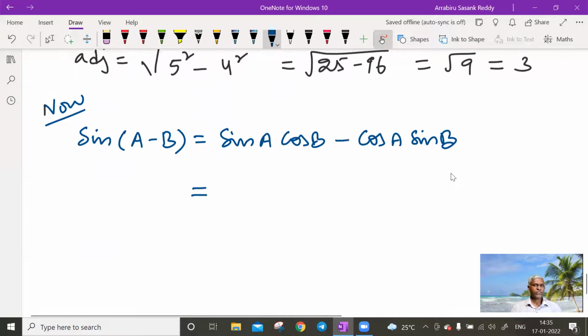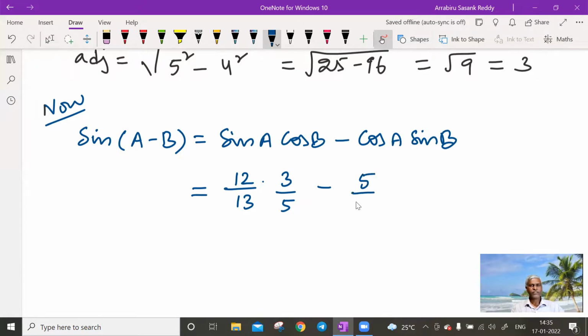So writing these values: sin A is 12 by 13, cos B is adjacent by hypotenuse, 3 by 5, minus cos A, 5 by 13, sin B, opposite by hypotenuse in the second triangle, 4 by 5.